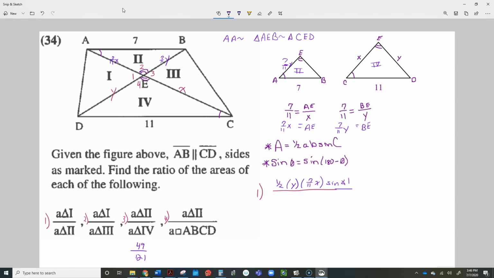Okay, and then on bottom, that's for triangle number 1. For triangle number 2, it's 1/2. One of the sides is 7/11 times X. The other side is 7/11 times Y, and that's times the sine of angle 2.